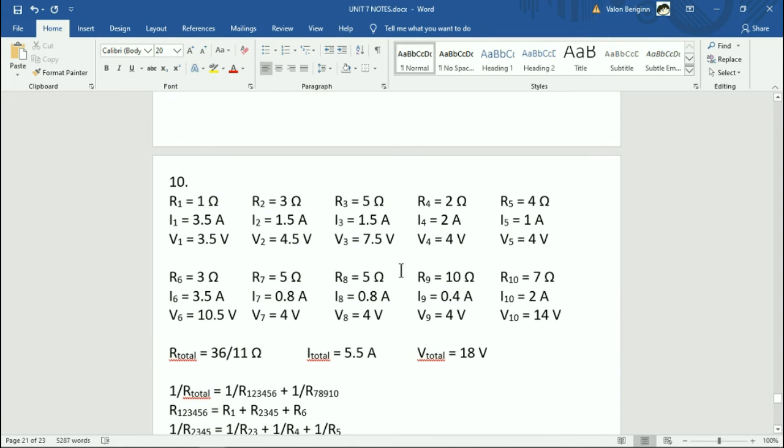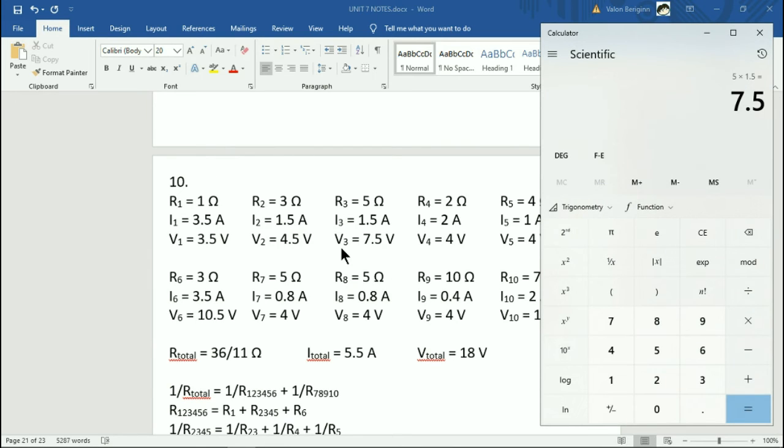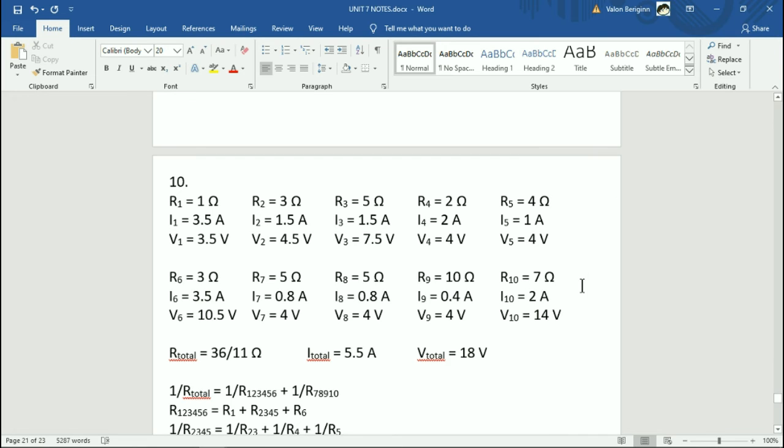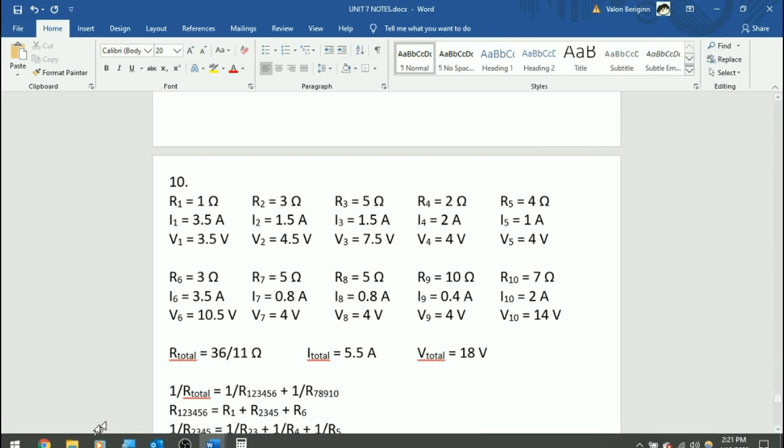Hold on, let me make sure of all this. Okay, so 1 times 3.5 is 3.5. 3 times 1.5 is 4.5. 5 times 1.5 is 7.5. 2 times 2 is 4. 4 times 1 is 4. 3 times 3.5, whoops, I put 10. 5 times 0.8, and 10 times 0.4 is 4. And 7 times 2 equals 14. All of that lines up, so okay, here's the thing.